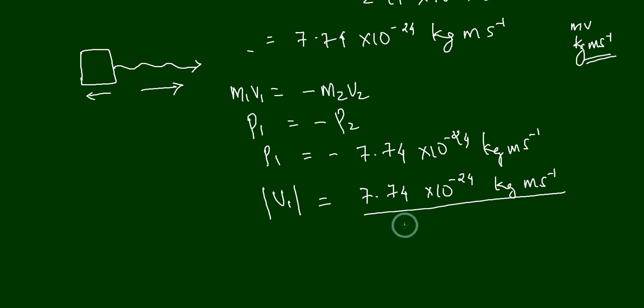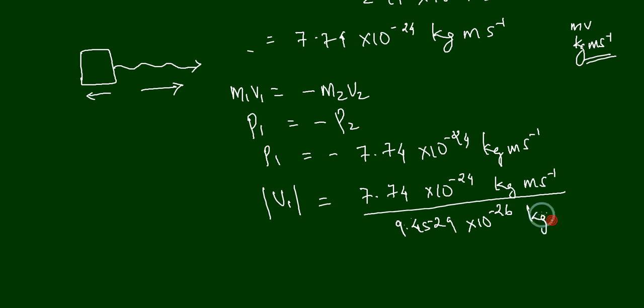The mass of the source is almost, in our case, what is the source? That is the excited ion nucleus. That is around 9.4529 into 10 raised to minus 26 kilogram.